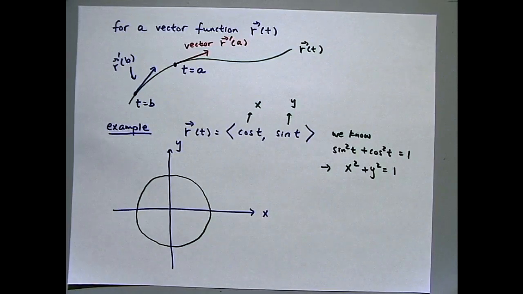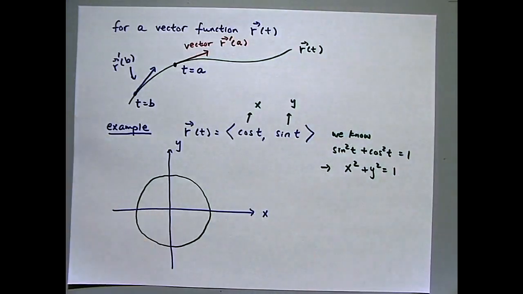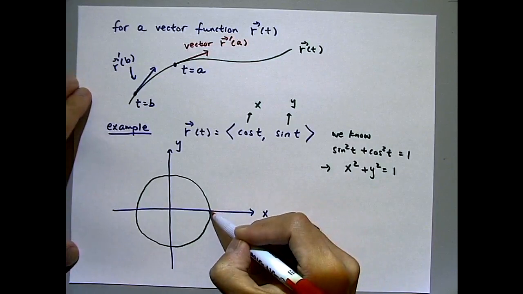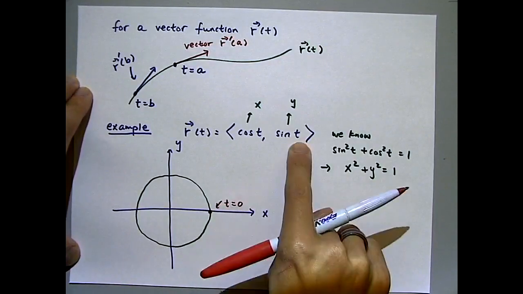This is a space curve, so it has a direction of motion. In what direction are we going around the circle? Clockwise or counterclockwise? Counterclockwise. How do you know that? If we assume that this is t equal to 0, that's (1, 0).